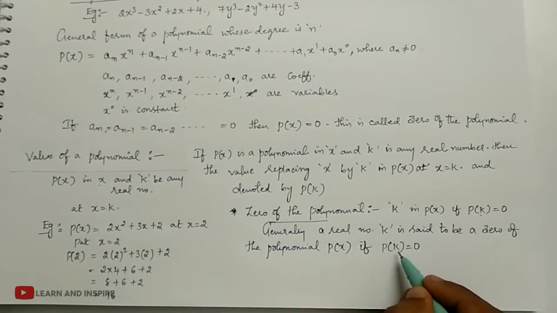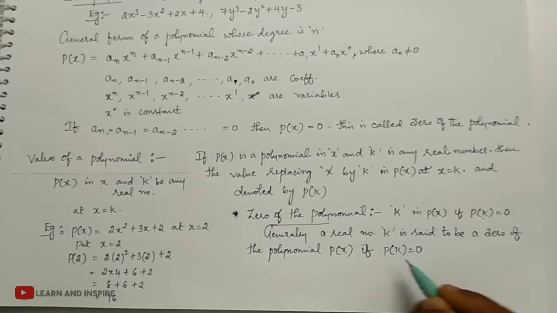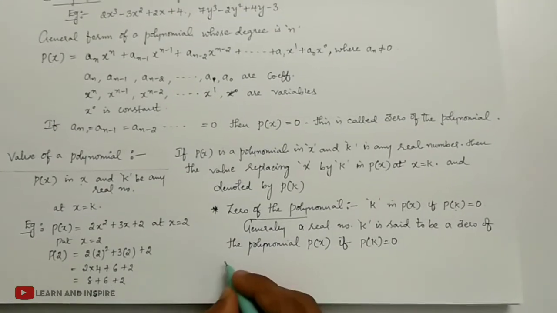That means if I substitute any value in place of k, and if the value is equal to 0, then it is a 0 of the polynomial.